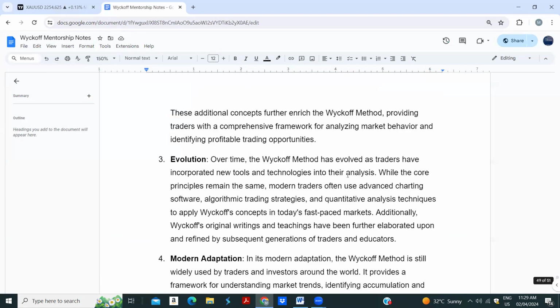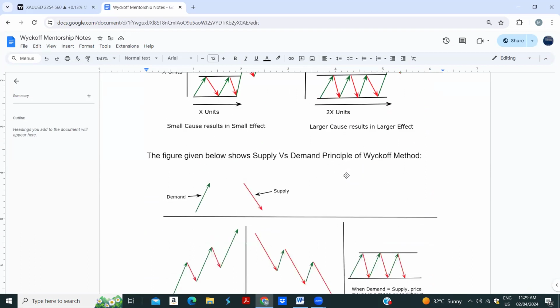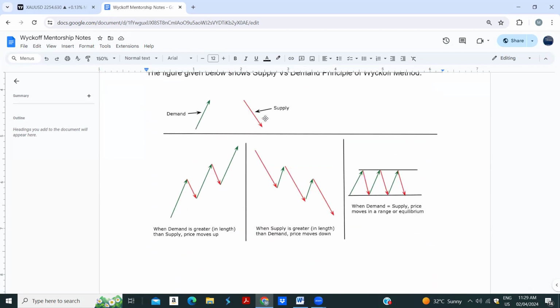Now we have the principle of supply and demand. We have already studied supply and demand. So this is Wyckoff's third law. The figure below shows the supply versus demand principle of Wyckoff. Now this is demand, this is supply. When the price is increasing, it shows that there is a demand.